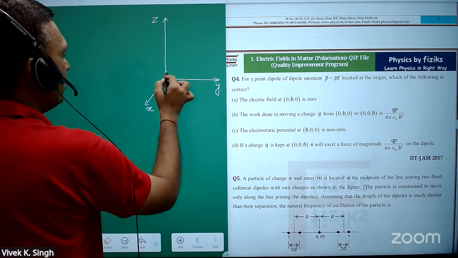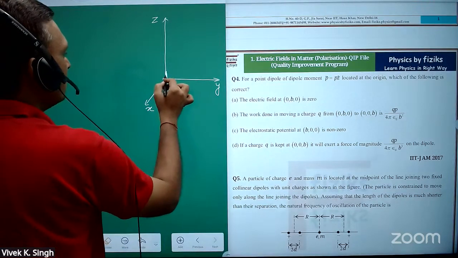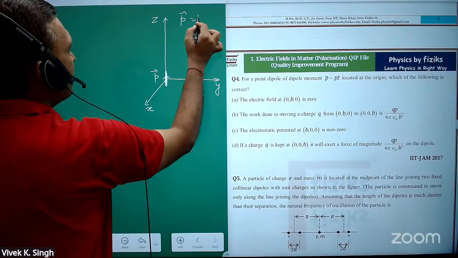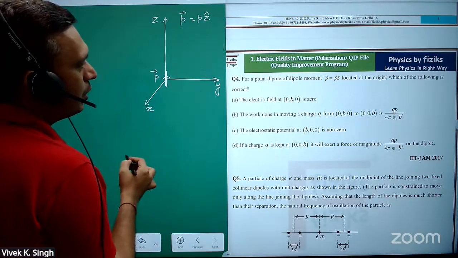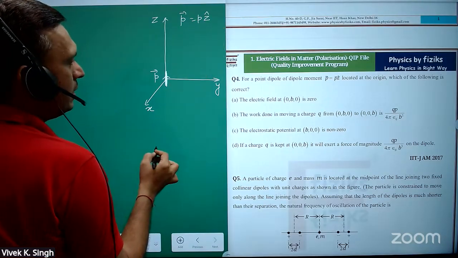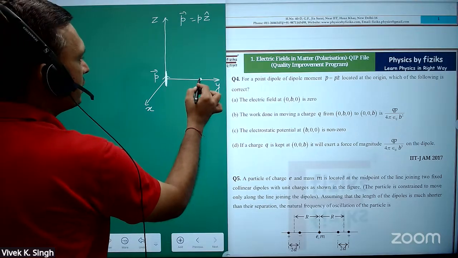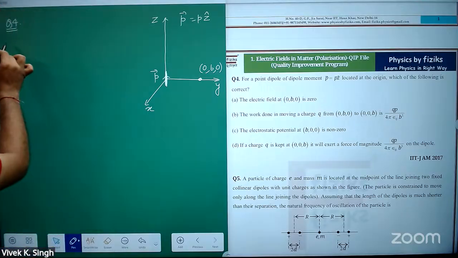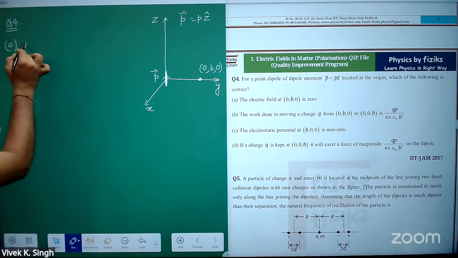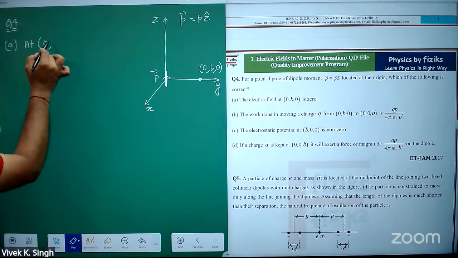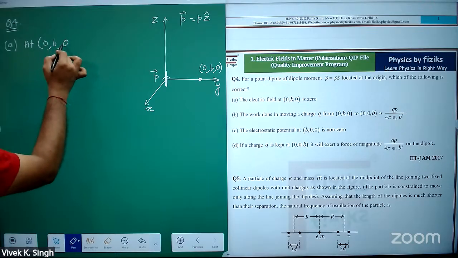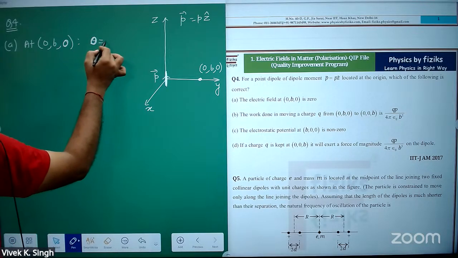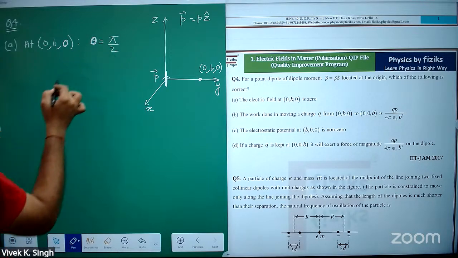And this dipole is placed along Z direction. P is given as P Z cap. Now, electric field at (0, B, 0). At this point, theta is pi by 2.